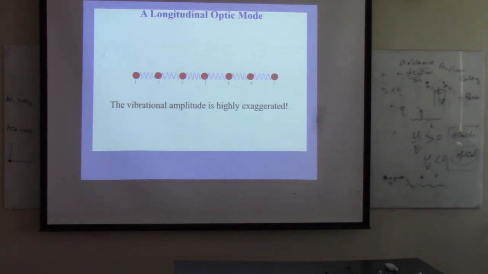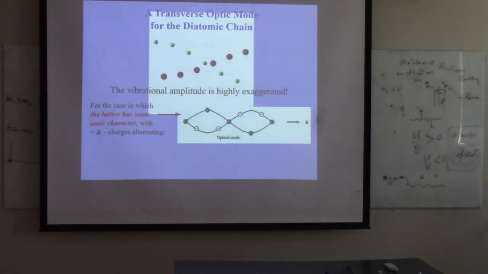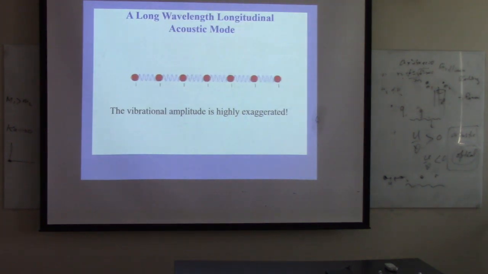So longitudinal optic mode, because they are in opposite directions. What is this one? Transverse, definitely. When one goes up, the other goes down, that is definitely optical. Optical transverse mode. What is this one? Longitudinal acoustic, in the same direction. So you get the idea, right?